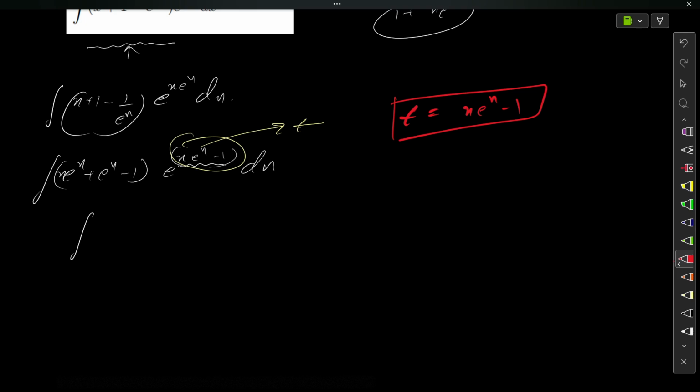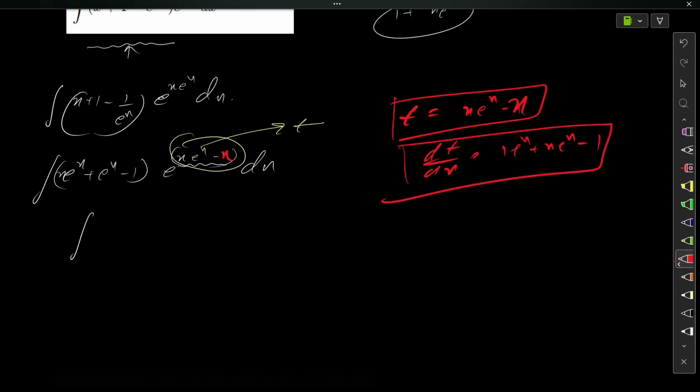So dt over dx is equivalent to 1 plus e to the power of x plus x e to the power of x minus, this one is x, minus 1. So this is exactly matching from here. So I'll just substitute it. So e to x e to the power of x plus... I don't think there's a need to write it down.